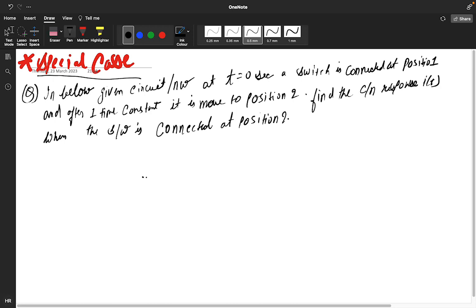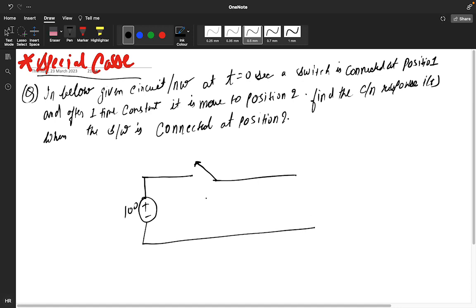See, so the diagram is like this. This is my figure. This particular is my positive negative 100, and this is my positive negative 50 volt, and this is 1 ohm, this is 100. So position 1 is this one and position 2 is this one.